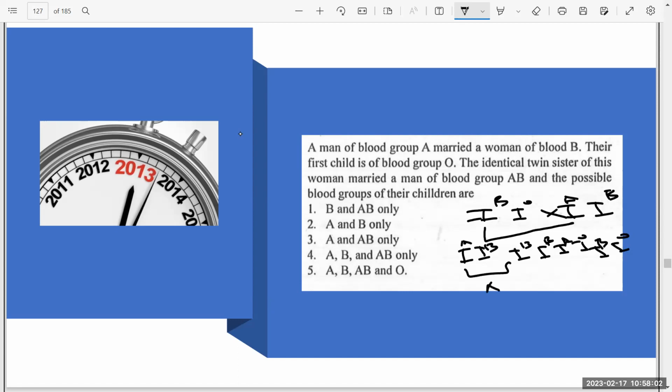So AB, B, A, B. So blood group A, blood group B, blood group AB. The fourth one is correct, yes.